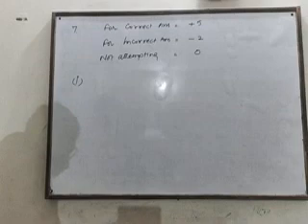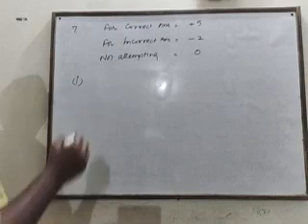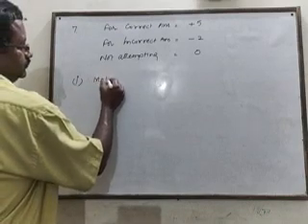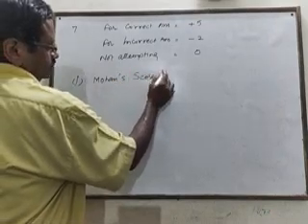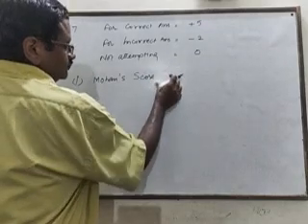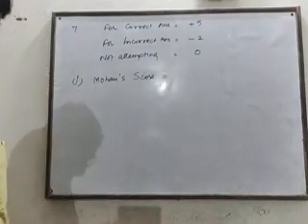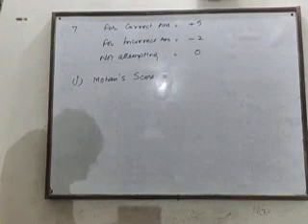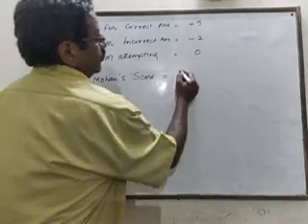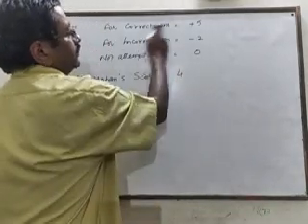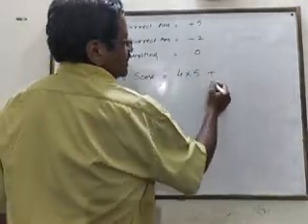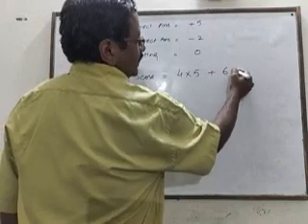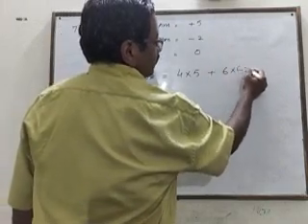Mohan gets 4 correct and 6 incorrect answers. What is his score? So he has done 6 incorrect and 4 correct. So 4 correct will be multiplied by 5 plus 6 incorrect will be multiplied by -2.